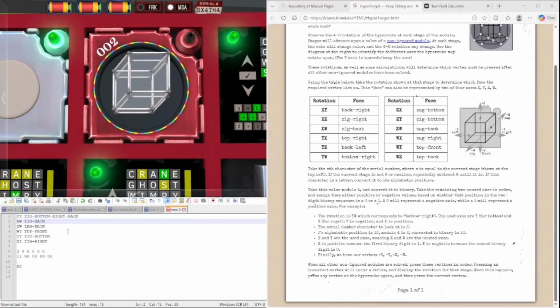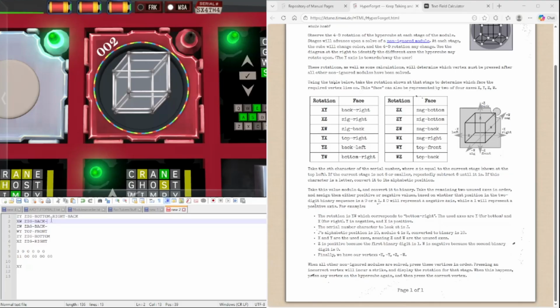And then negatives for each of these, so that's zig and back, so negative x, negative y, and that's going to be the same for this one as well.